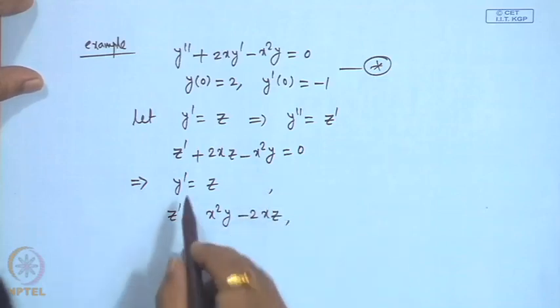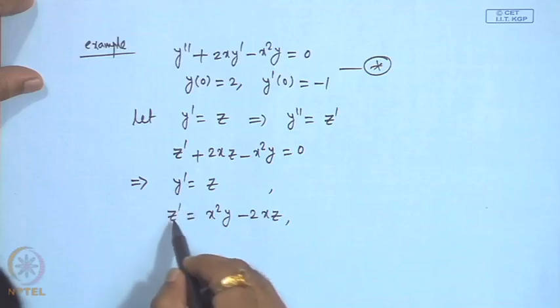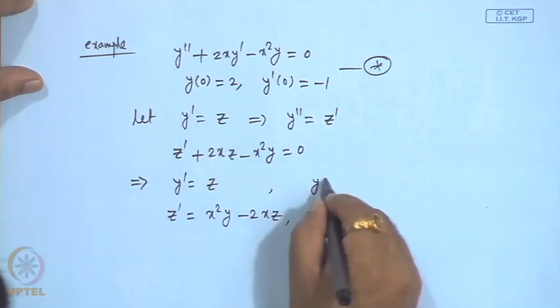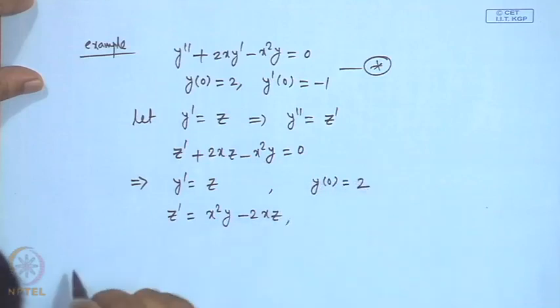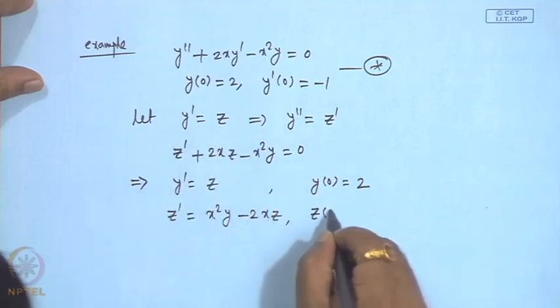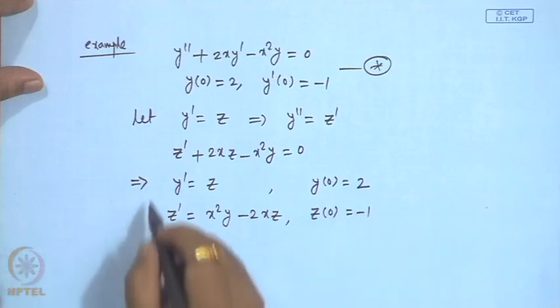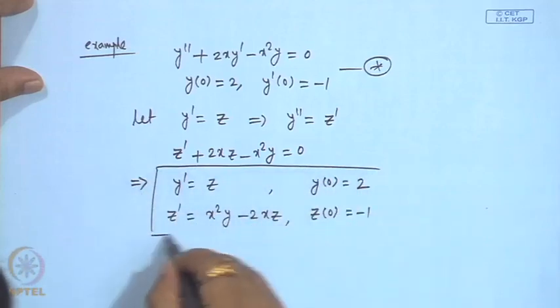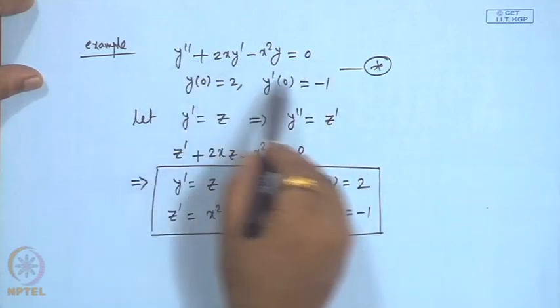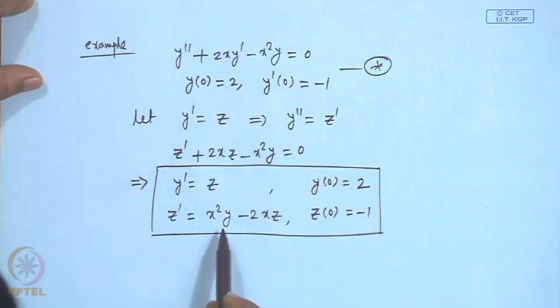Now the dependent variables are y and z, so we need the corresponding conditions. We have y of 0 is 2 and y dash of 0 is minus 1, but our y dash is z. Therefore, this is supported by z of 0 is minus 1. So, our given second order initial value problem has been reduced to a coupled first order system.